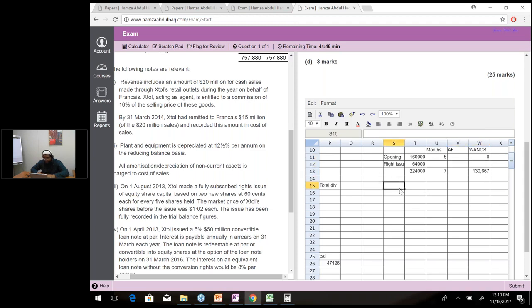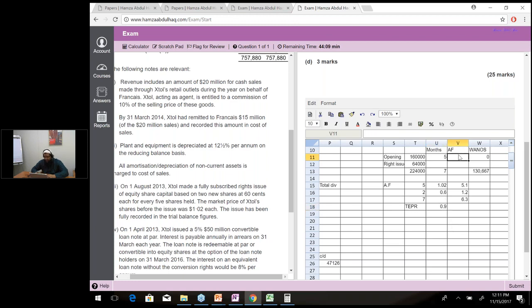How do we calculate the adjustment factor? People who were having 5 shares are now given 2, so in total they have 7. The market value was originally 1.02, and the new share has been given at 60 cents. So 5 into 1.02, 2 into 1.06, and the sum of these is going to be 6.3. The theoretical ex-rights price is actually 6.3 divided by 7. So this is the new share price, 0.9.